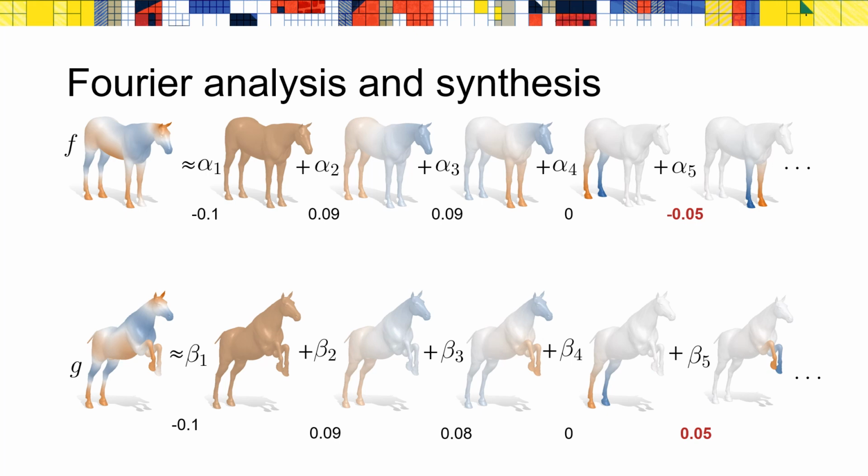If you look at this example, you can see that these two shapes are similar, near isometric, and so the decomposition of these signals in the Fourier basis is similar. So we have a similar set of coefficients, and only coefficient number 5 is different, because one is positive and the other is negative.